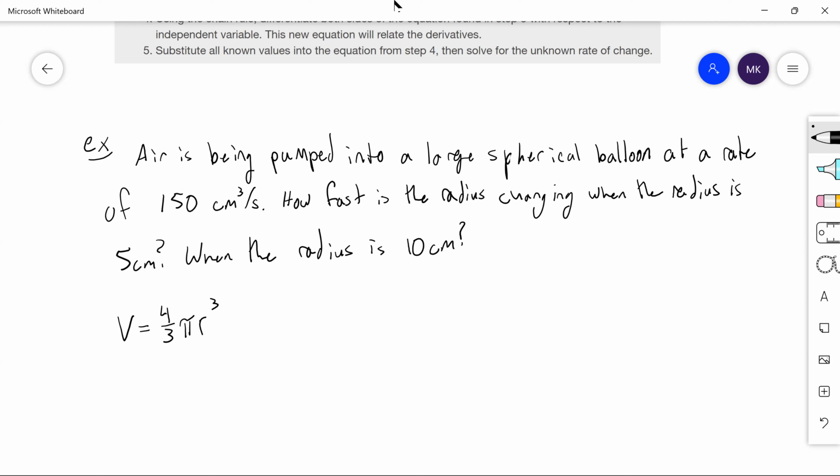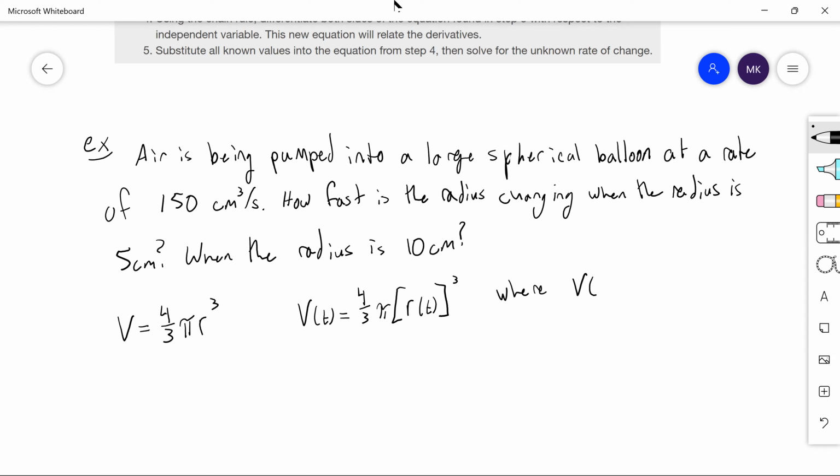Now if this volume is changing with time, we can create essentially sub-functions for volume and radius based on time. And then we can create a relationship that we would say is V of t is equal to 4/3 pi times r of t cubed.